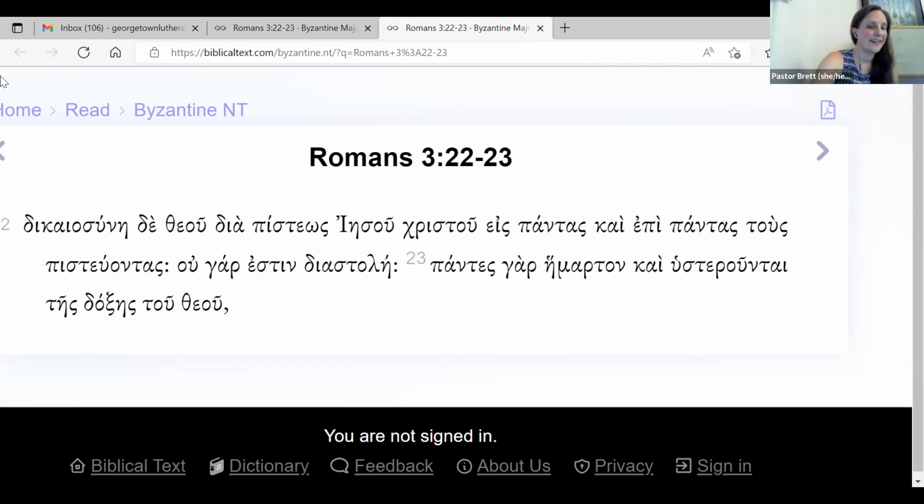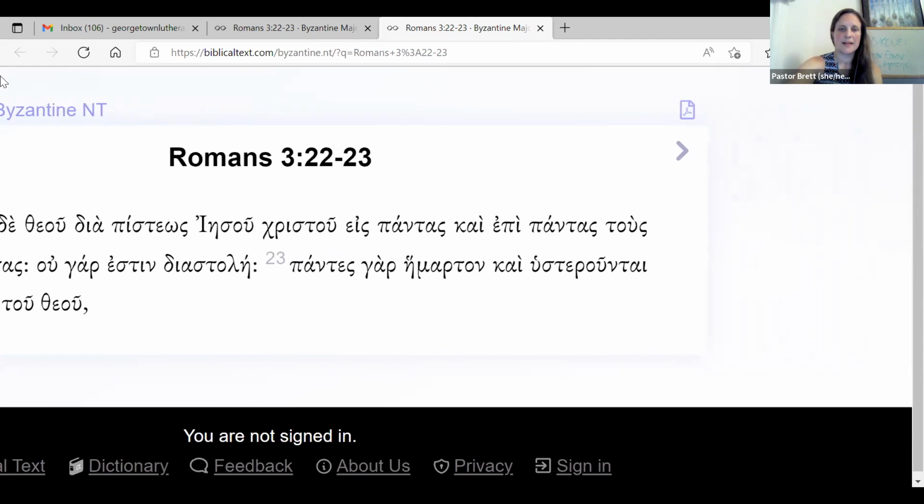I'm in the second line, four words in now. Estin, diastole, pantes, gar.